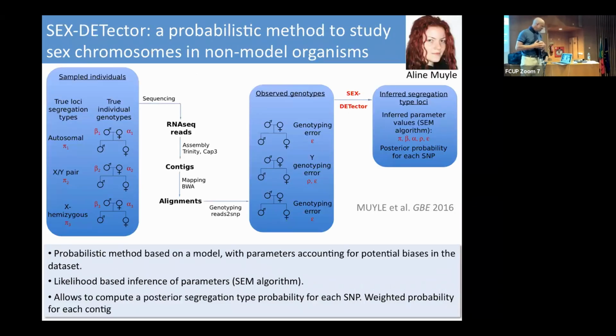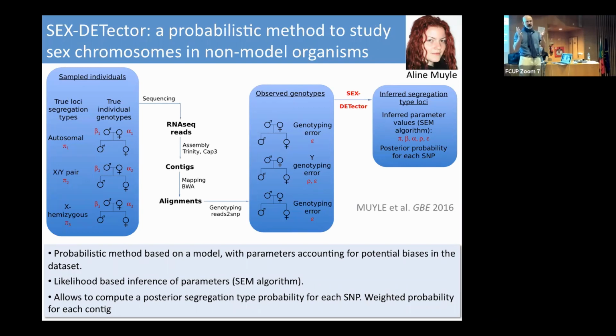And so in the group, we decided to develop another method. This was the PhD of a very bright student in the group, Aline Meul. The idea was to develop a method based on a model that would describe the experiment.